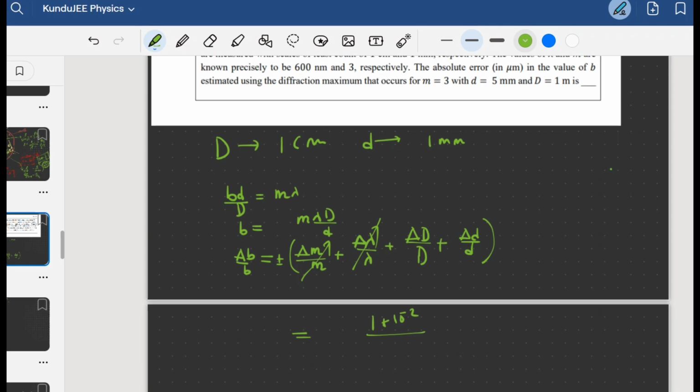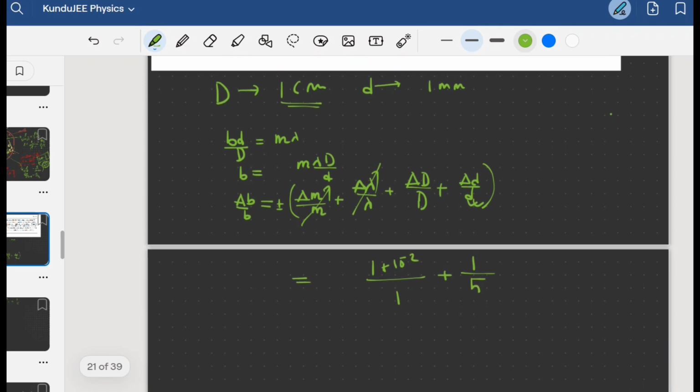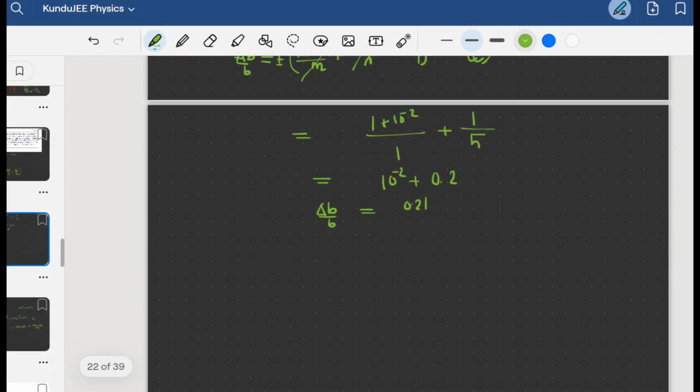It is delta d, the least count of d, that is delta d, is 1 mm, that is 1 by d I am measuring, that is 5. So ultimately I am getting 10 to the power minus 2 plus 0.2, that is ultimately I am getting 0.21, that is the relative error in b.